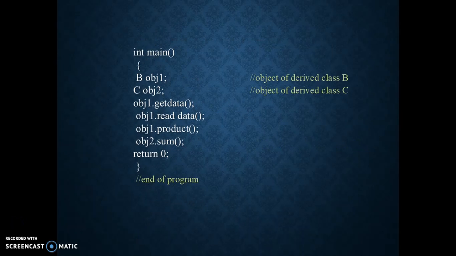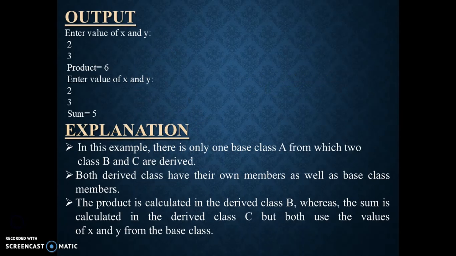Int main, B obj1, C obj2, where obj1 and obj2 are the objects of derived class B and class C respectively. obj1.getdata, obj1.readdata, obj1.product, obj2.sum, return 0. Program ends. Output: enter the value of x and y, where x equals 2 and y equals 3.